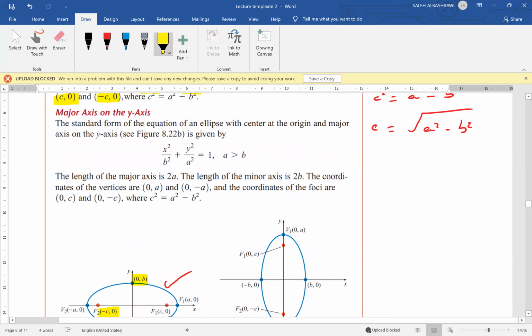If the major axis is on the y-axis, then the standard form of the equation is x squared over b squared plus y squared over a squared equal to 1, where a is greater than b. Now a is the denominator of the y variable.